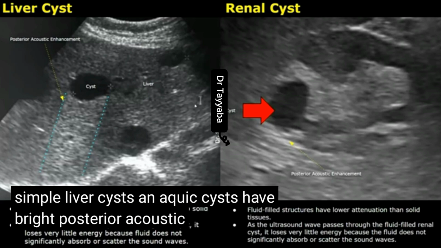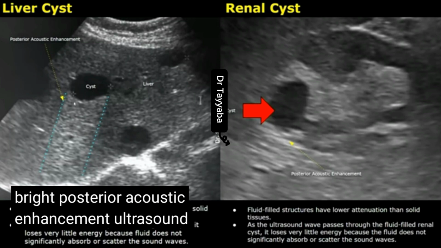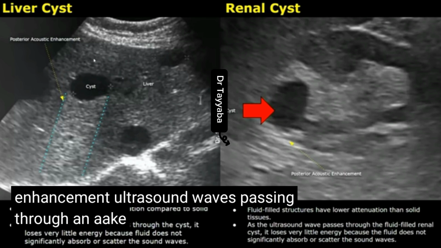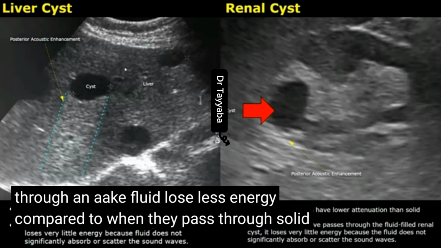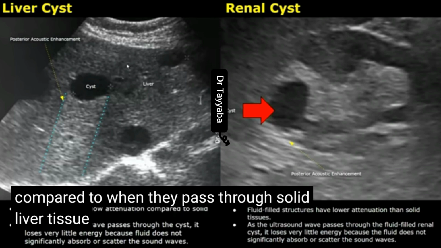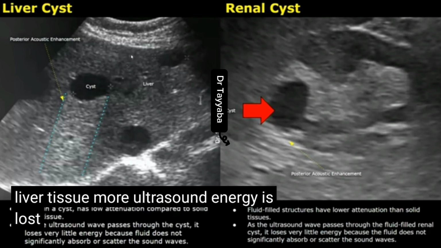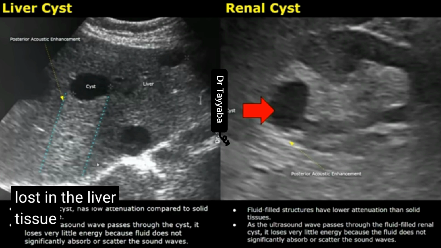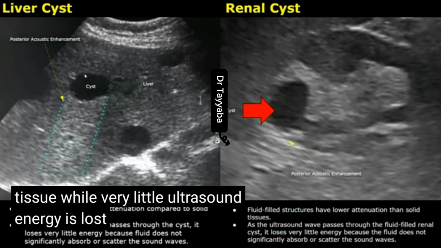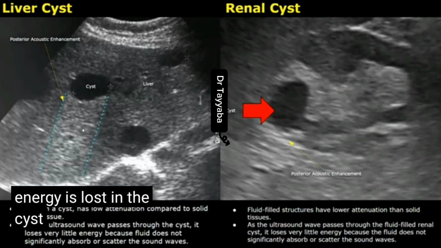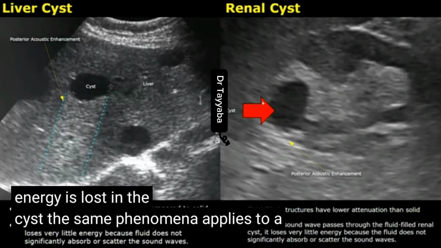Anechoic cysts have bright posterior acoustic enhancement. Ultrasound waves passing through an anechoic fluid lose less energy compared to when they pass through solid liver tissue. More ultrasound energy is lost in the liver tissue, while very little ultrasound energy is lost in the cyst.